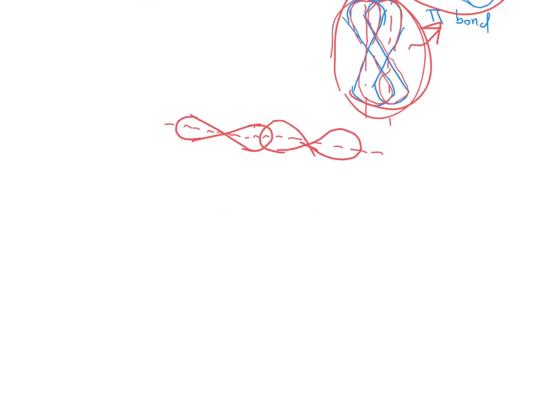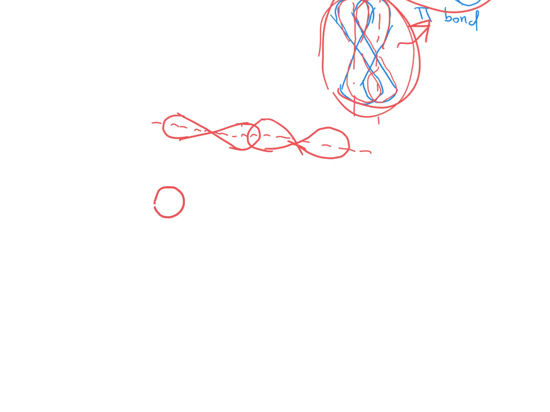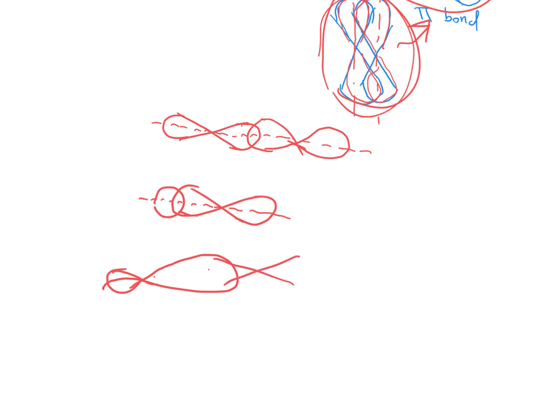Anything else, for instance, if you have an s orbital and a p orbital, again, if you draw the axis, they match. It's like end-on overlap. Or sometimes you have a hybridized orbital, like sp2 or sp3, and then you have a p orbital, which is like this.